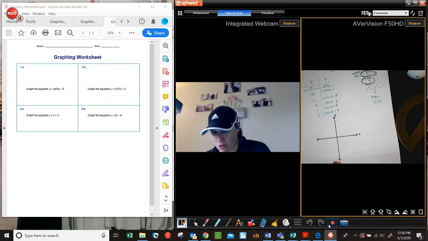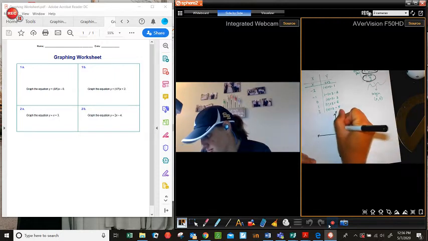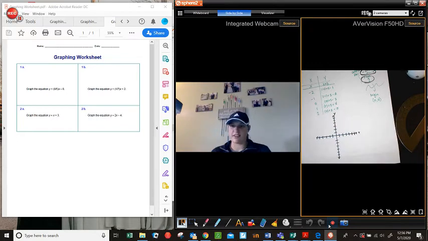When you're drawing your own, make tick marks. Alright, so you can see mine's not perfect, but I tried to space them out as evenly as I could, but I'm human. Alright, now let's graph.